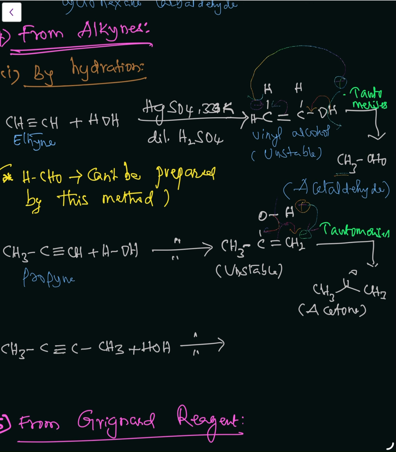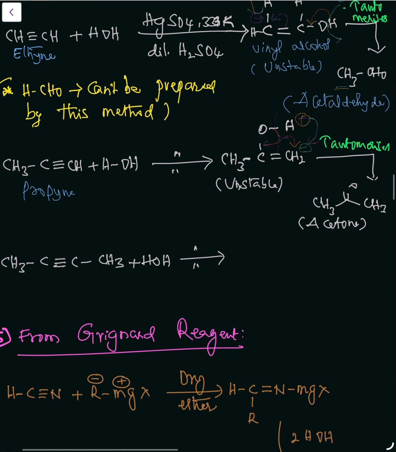In the same way, in the case of 2-butyne, this is 2-butyne, or we can also write but-2-yne. This 2-butyne reacts with water and will give CH3C=OCH2CH3.